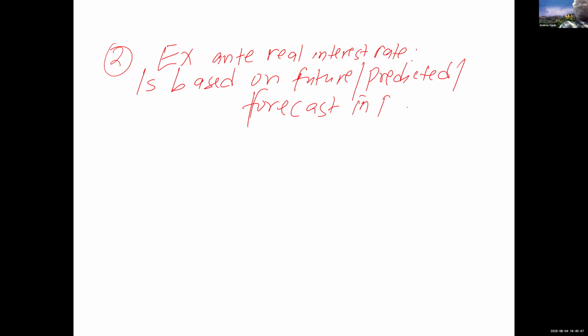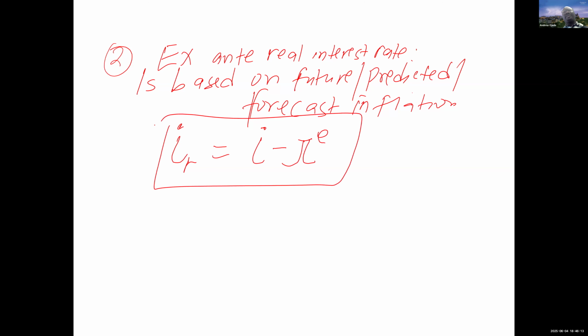This is more relevant to the bank. The bank is going to hire statisticians who are going to give them predictions on what they think future inflation, next year, 2 years from now, is going to look like. So the real interest rate here is going to be, you take nominal interest rate minus expected inflation or future inflation. This is what we call ex ante real interest rate.